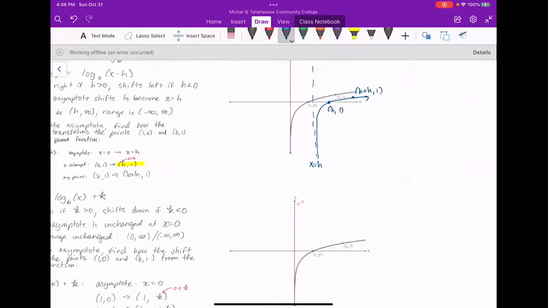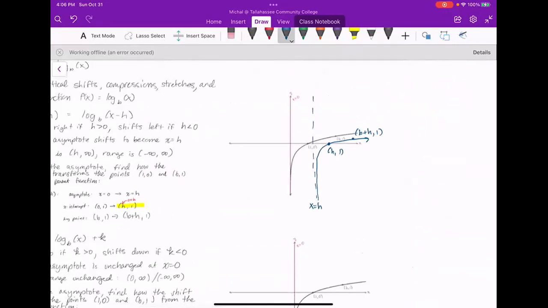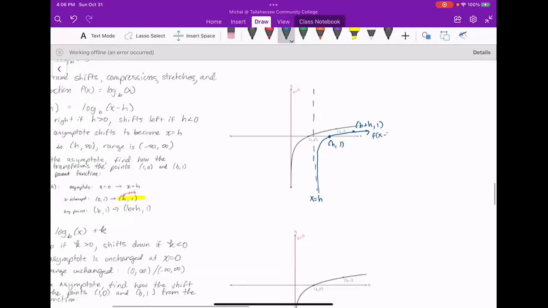All right. If h was a negative number, then this is f of x minus h if h is greater than 0. If h is less than 0, then I would shift over here however many units h is. So this is when h is greater than 0.